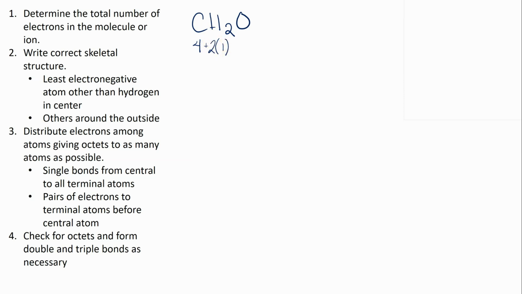But there are 2 hydrogen atoms, each providing 1 valence electron. We need the total valence electrons for all of the atoms. And oxygen provides 6. So when I draw my Lewis structure for formaldehyde, I need to include a total of 12 electrons.